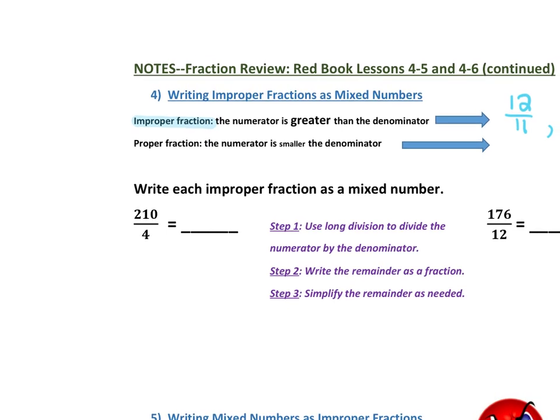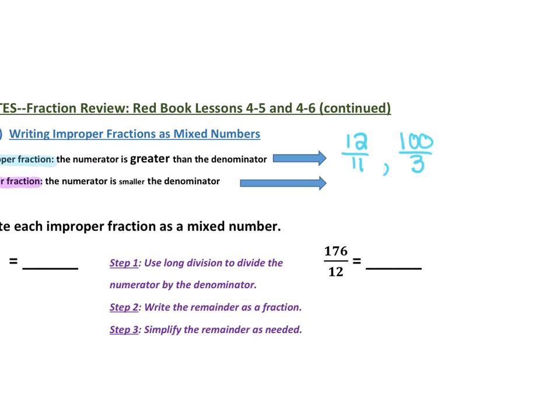And then our next term, proper fraction, and I'm going to highlight that as well, but in a different color. So a proper fraction is when the numerator is smaller than the denominator. So an example of a proper fraction would be 6/7, or 2/3, or 3/100 if I flip that one over.